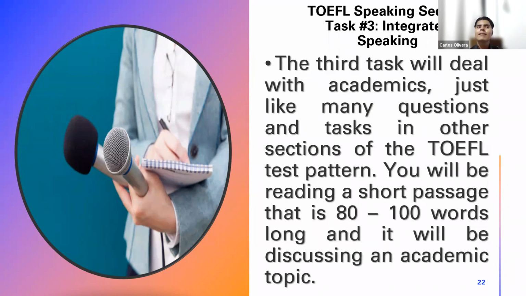The second type, called the integrated question, is found in 3 different tasks: the second one, the third one, and the fourth one. That is the reason why task number 3 is also called integrated speaking task, because it belongs to that category of integrated question.